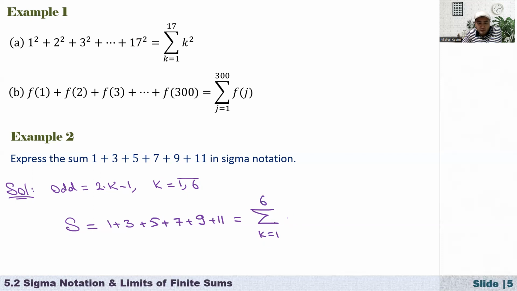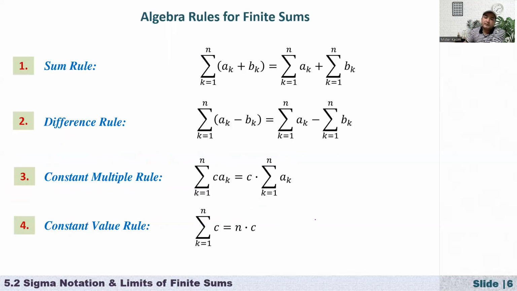Now, what is our formula? Here, our formula is 2 times k minus 1. Okay. So now you see here, if k is equal to 1, 2 times 1 minus 1, it is 1. If k is equal to 2, 2 times 2, it is, what is it? 4 minus 1, it is 3. And k is equal to 3, and so on.